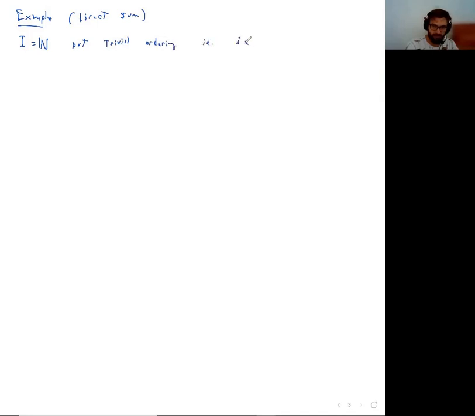So i is less or equal than i, but that's it, and no more. So we don't think of N as the standard ordering. You just say that everything is less or equal than itself, and that's it. So this is not directed with this ordering.